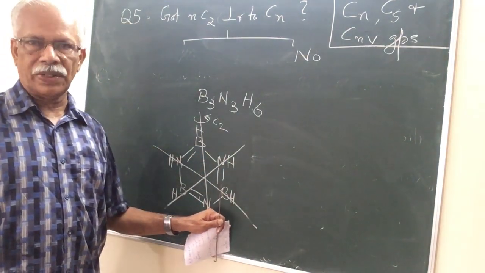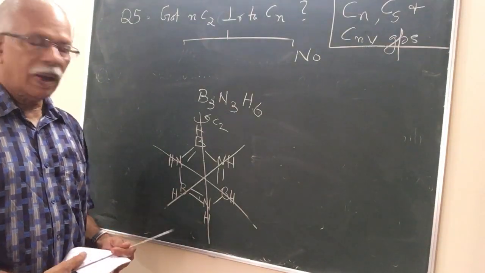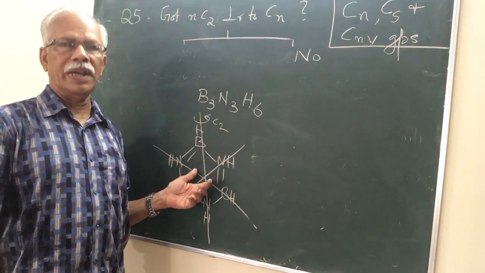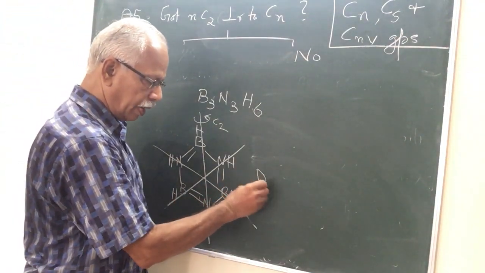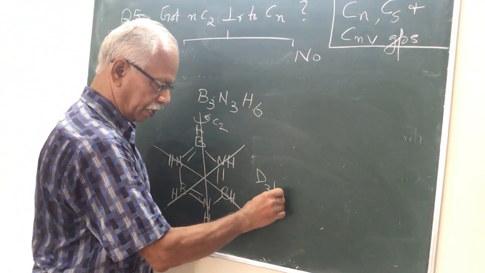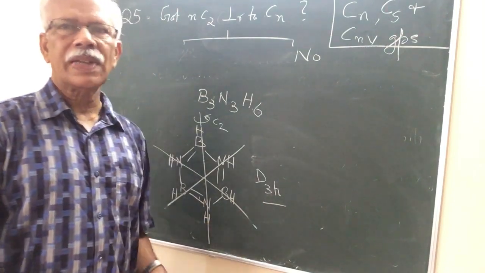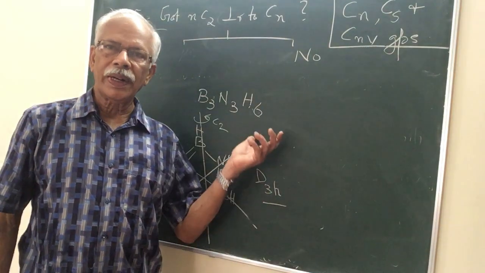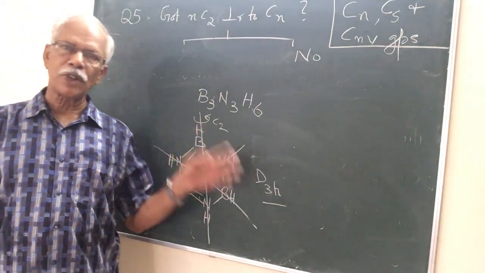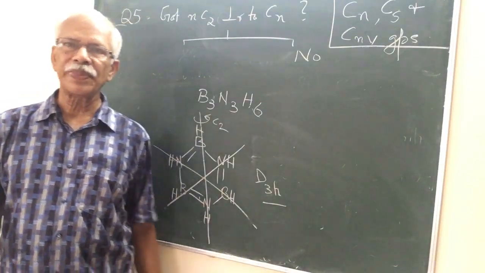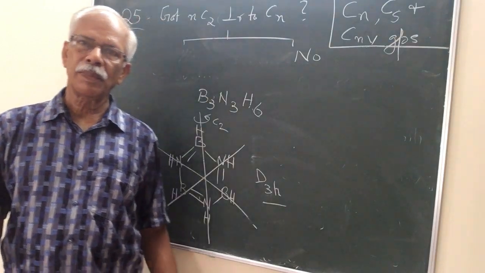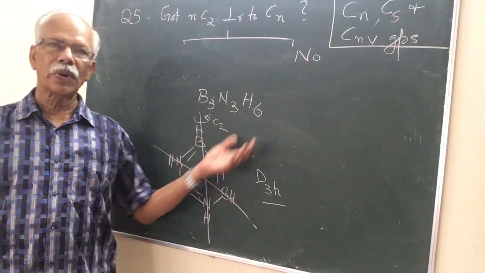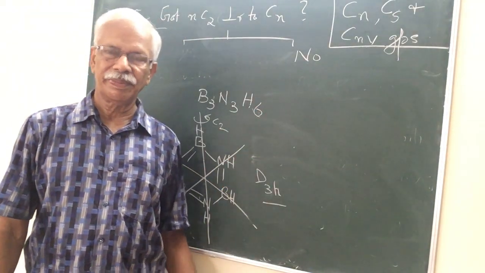There are 3 C2 axes. So it is a dihedral group and it has a sigma h. So we have concluded that it belongs to D3h. Practicing finding the point groups of numerous molecules will ultimately lead you to quickly find out the point group even without following such a general procedure. Thank you.